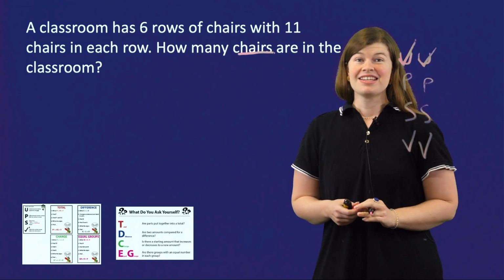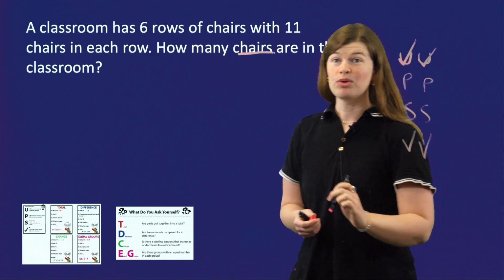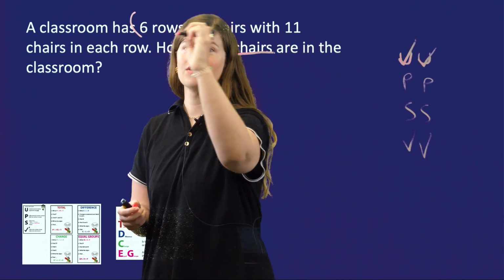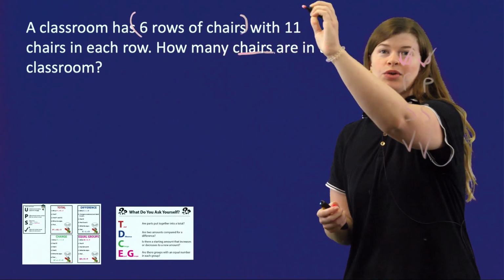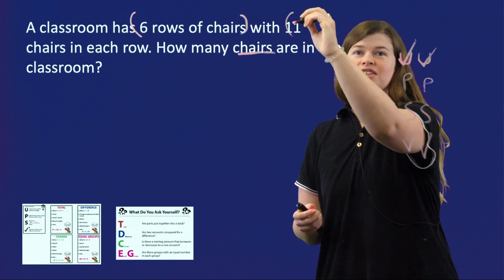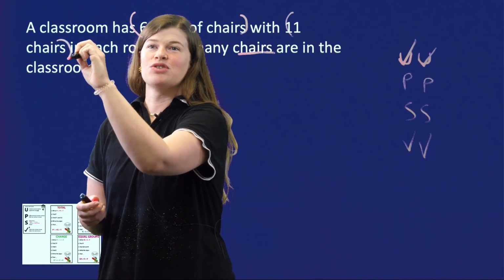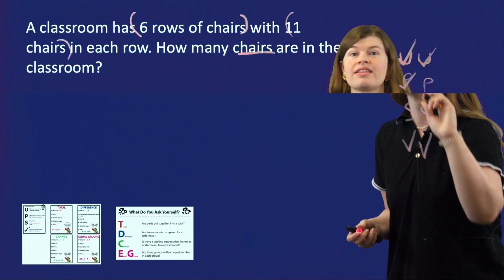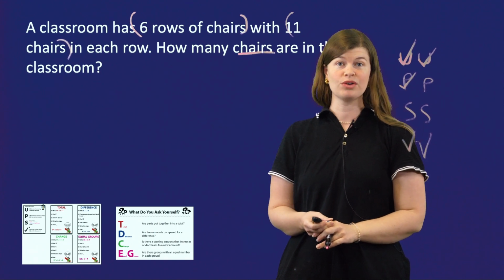Our first P stands for parentheses and needed numbers. So we're going to put parentheses around our 6, because we have 6 rows of chairs, and around our 11. And let's go all the way around to get those chairs in each row. And check off our letter P. Our second letter P stands for put numbers in order.